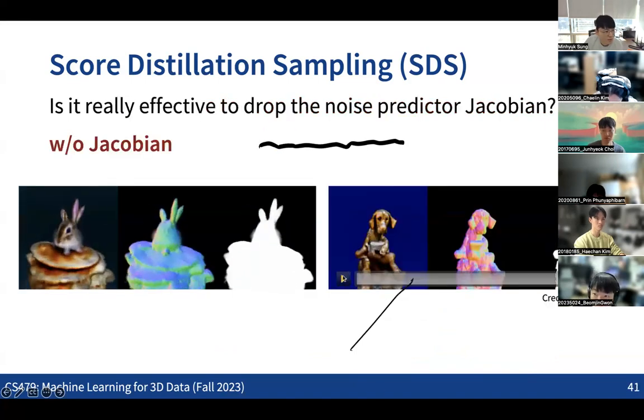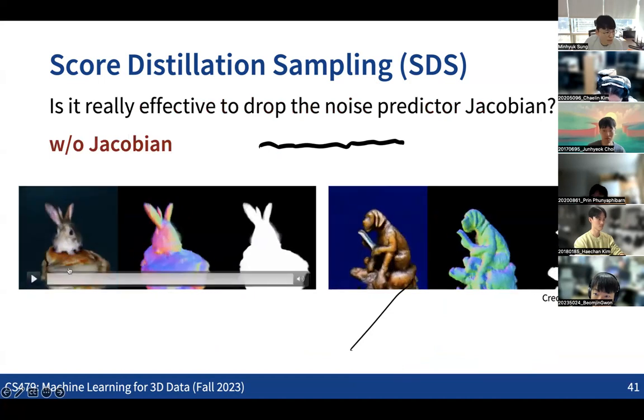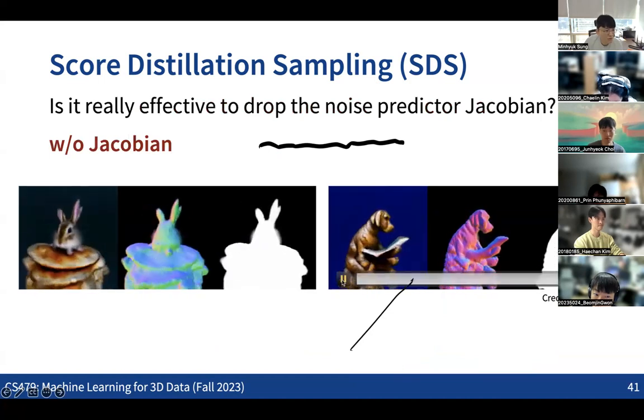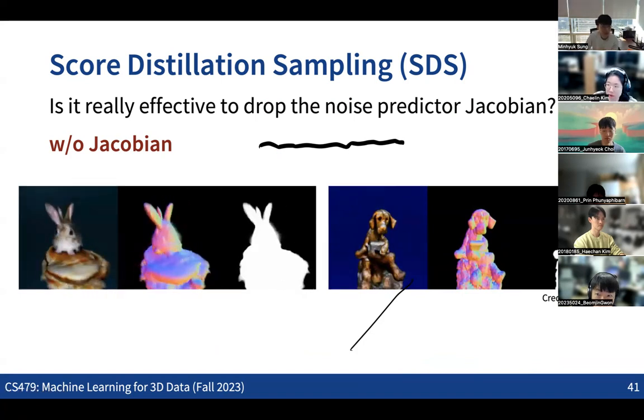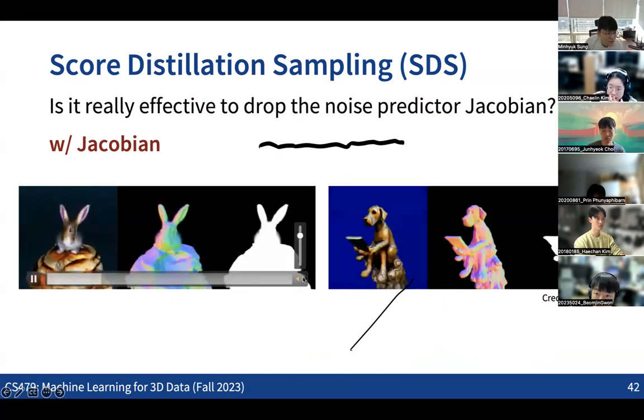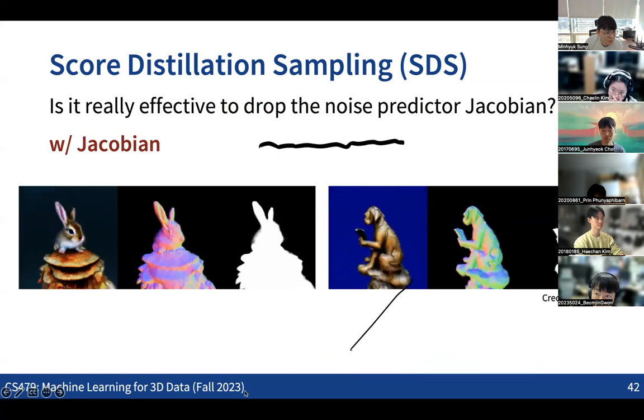So these are some of the examples where we run the DreamFusion pipeline, running the NeRF reconstruction with the SDS without the Jacobian term by just dropping the term. And this is the output when you run the SDS with that Jacobian term.